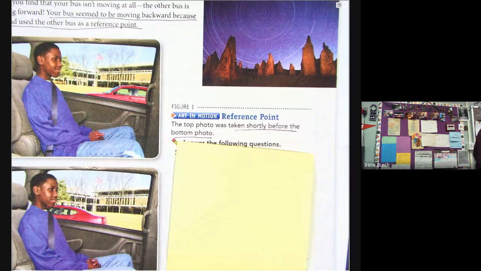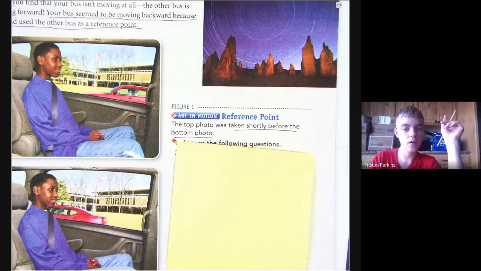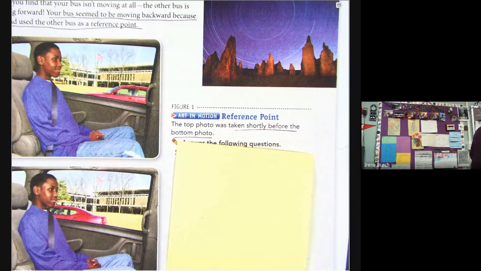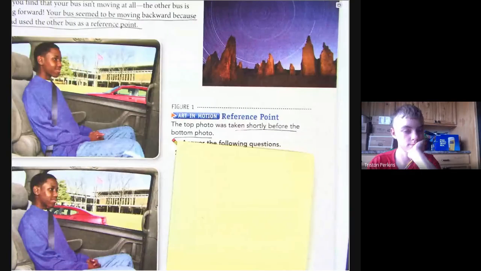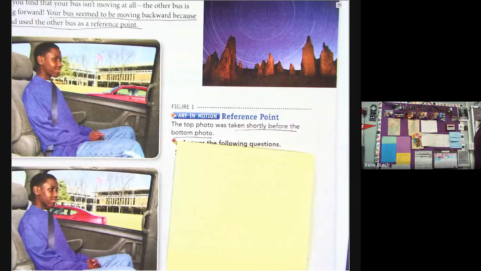Tristan? The red car. What did it do? It goes forward. Okay, so this isn't a video, so how do we figure out that this red car is moving?